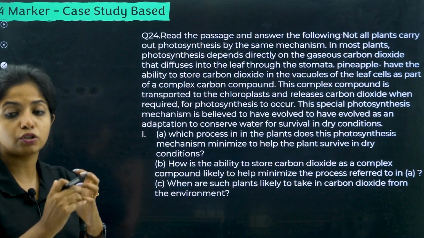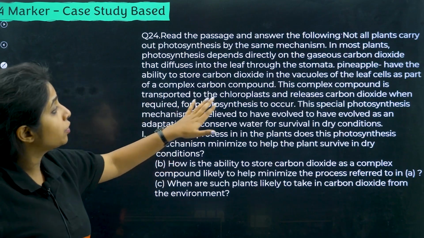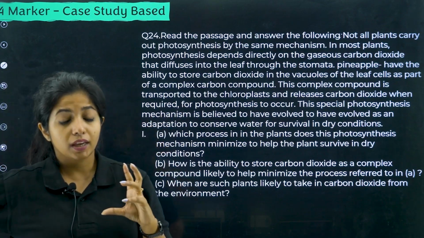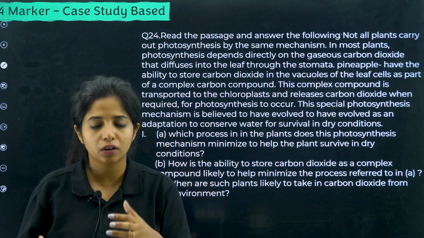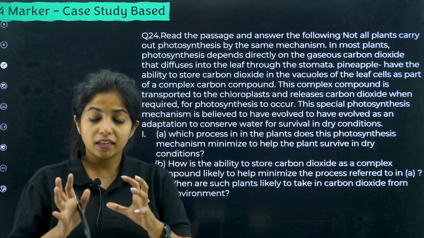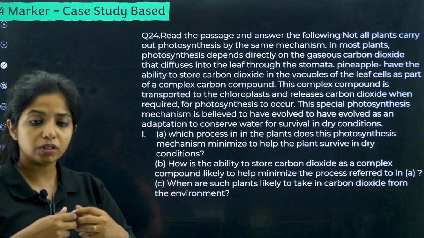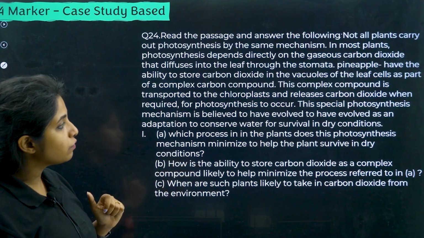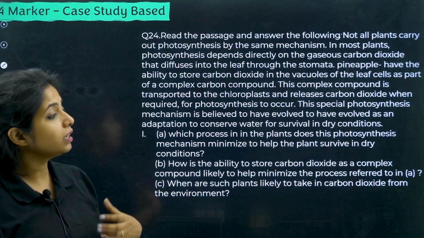Where is it storing, children? It is storing in the vacuole. Why is it doing so? Let's see. This complex compound is transported to the chloroplast and releases carbon dioxide when required. Okay, so it does not wait for the situation where you need carbon dioxide. It has stored it already somewhere, so that whenever the need comes, it can use it for photosynthesis. Now this special photosynthesis mechanism is believed to have evolved as an adaptation to conserve water for survival in dry conditions.